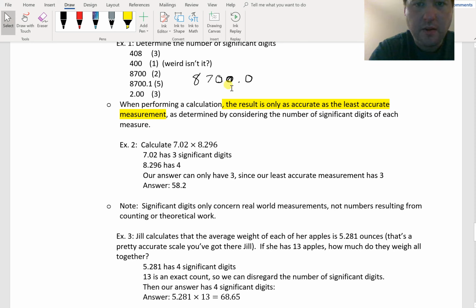Yes, we do. Because we have to count the 0 after the decimal place. And since we're counting that and we're counting the 8 and the 7, these two zeros in the middle are occurring between digits that we count, so we do include them. This would have 1, 2, 3, 4, 5 as well.